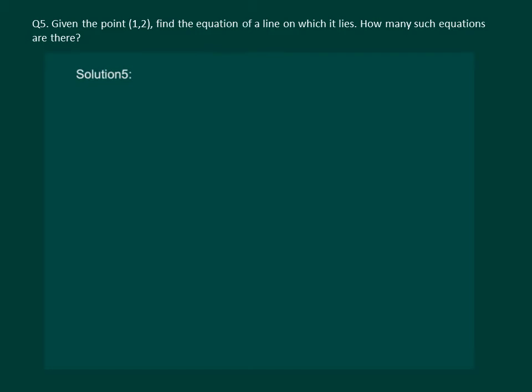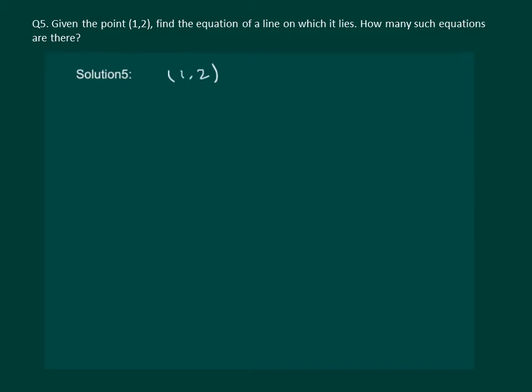Let us read the question. Given the point whose coordinates are 1 and 2, find the equation of a line on which it lies. How many such equations are there? That means we have to find a linear equation whose solution is (1, 2).